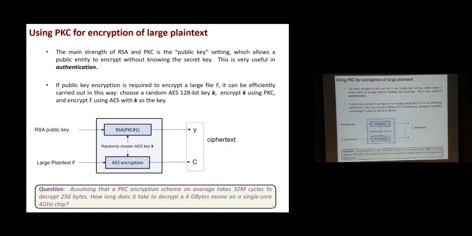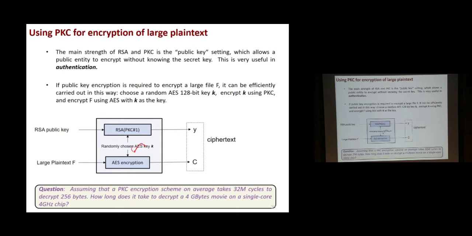So if you want to use a public key to encrypt a large file, how do you do it? We don't apply RSA to the full 7 GB of data. What we do is this: we randomly pick an AES key, encrypt the AES key using RSA, and next, use the AES key to encrypt the file.